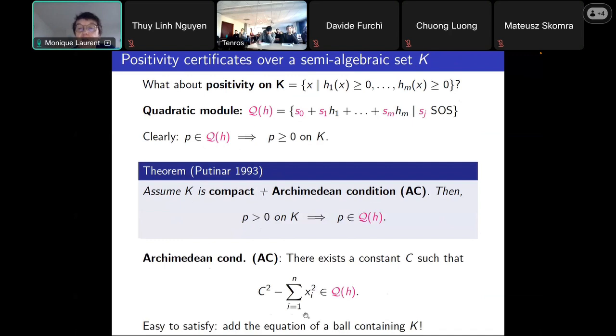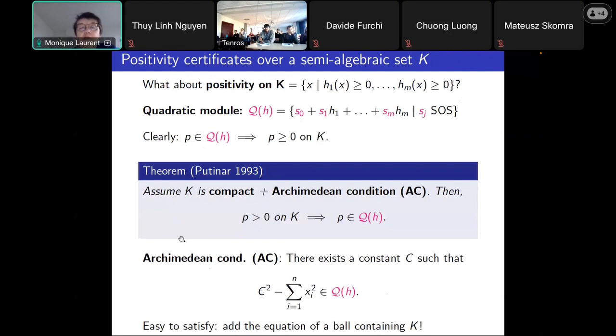And what you do then is add this non-negative polynomial to the description of your set K. So you add a redundant constraint to the description of the set K, and in this way you get a polynomial description which satisfies the Archimedean condition. So this is one clear way to have the Archimedean condition satisfied.